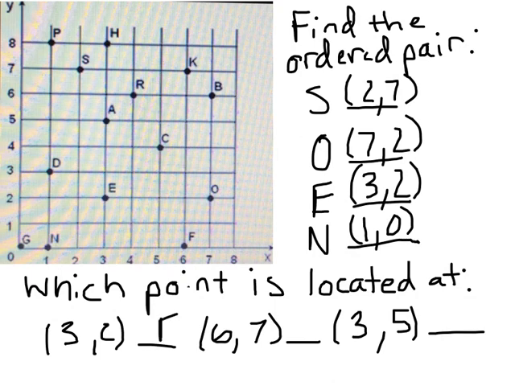Point E is located at 3, 2. Which point is located at 6, 7? K is located at 6, 7. Which point is located at 3, 5? A is located at 3, 5.